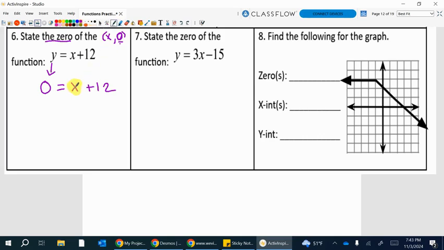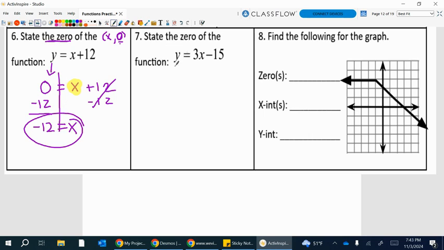Okay, so I need to have the x on one side and all my numbers on the other side. So if I want to cancel a plus 12, I'm going to subtract 12 from both sides. This will cancel, and I get negative 12 equals x. And that is the 0. That is the x value that will make y equal 0.